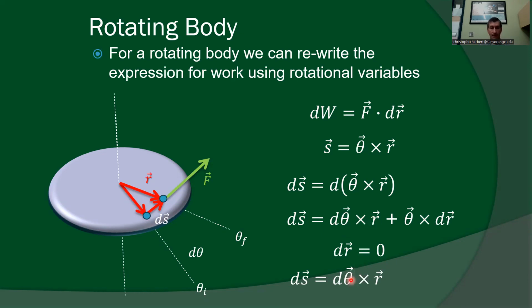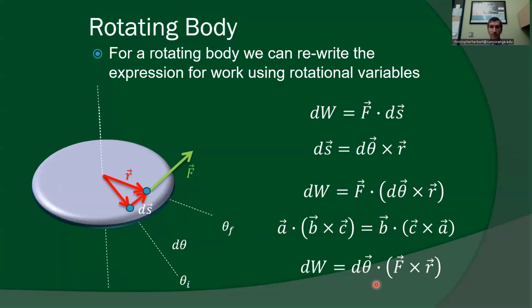Thinking about the direction, this is in the tangential direction. The d theta is in the same direction as the axis, the angular velocity, and any torque I have on there. Now dW, the infinitesimal amount of work done by a small rotation, is F dot ds. We've already said that ds is d theta cross r.